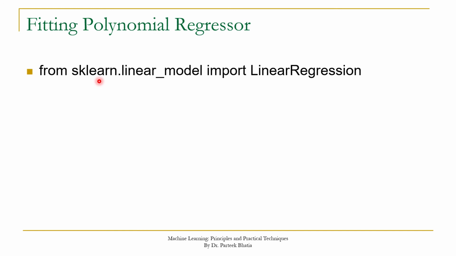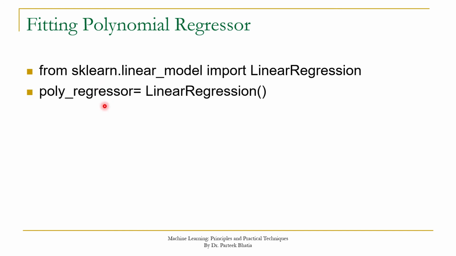After importing this, we have to create its object. Here we are creating an object named poly_regressor. We know that this object has a method fit, and in this fit method we have to pass our X and Y. Our processed X is stored in X_poly, which carries the processed value of independent variables in polynomial form, while Y carries the values of the dependent variable. So the model will be built on X_poly and Y, and poly_regressor.fit will build the model.